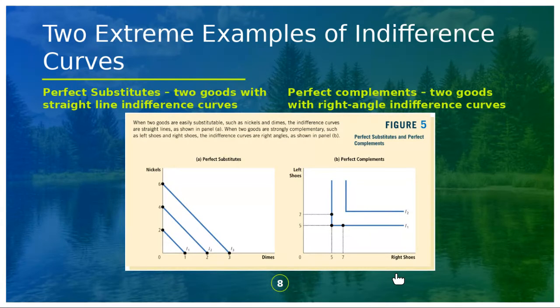And notice that the reason we have a right angle is that if you only have 5 left shoes and you have 7 right shoes, you still only have 5 pairs of shoes. And similarly, if you have 7 left shoes and only 5 right shoes, you still again only have 5 pairs of shoes. So perfect complements are a situation in which you must have a set matching ratio between the 2 goods in order to have any increases in utility.